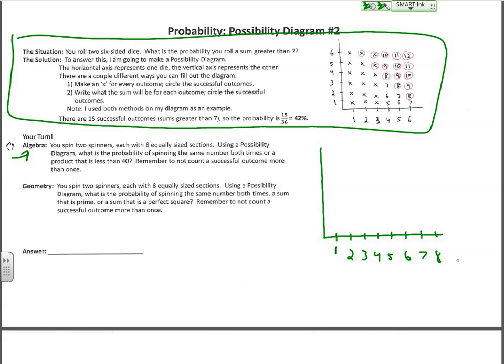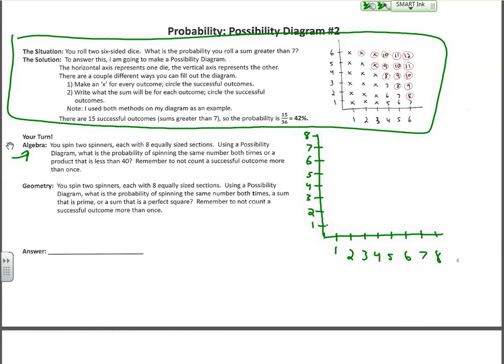Same thing going up, right? My other spinner also has 8 sections on it. So 1, 2, 3, 4. Oh, I can do that better. I want to space them out a little bit more. Okay, 1, 2, 3, 4, 5, 6, 7, and 8.